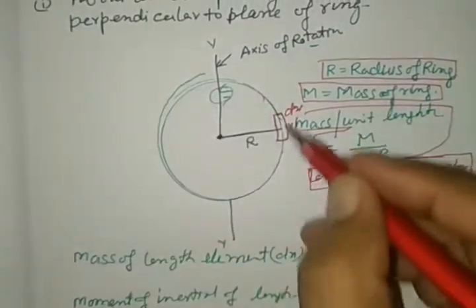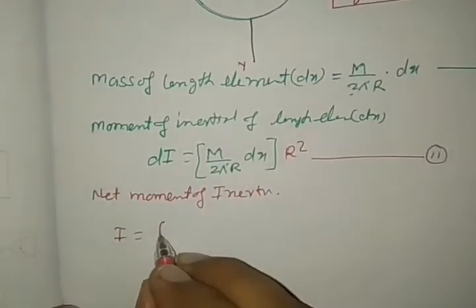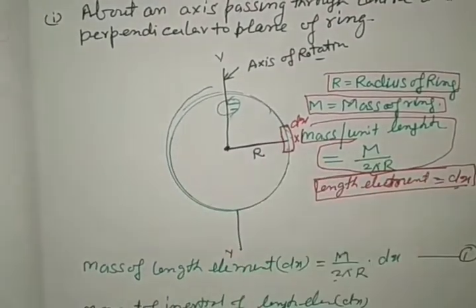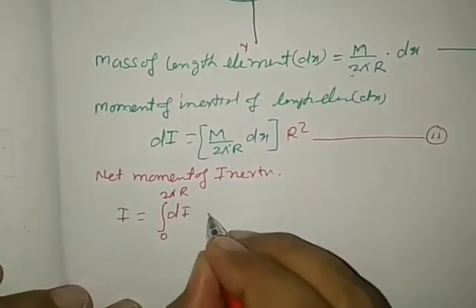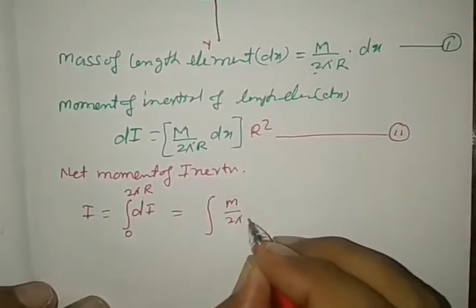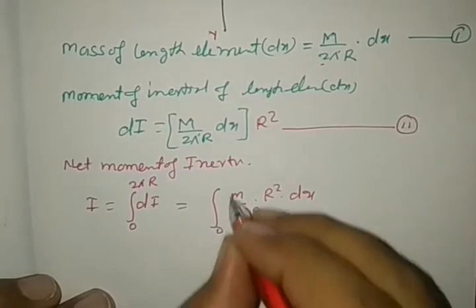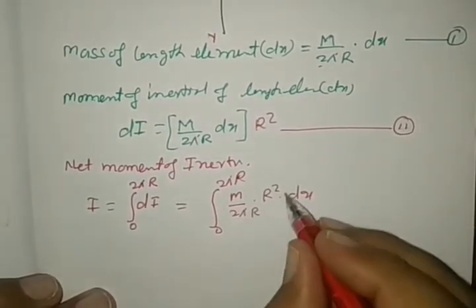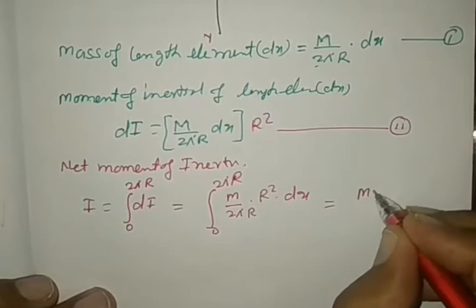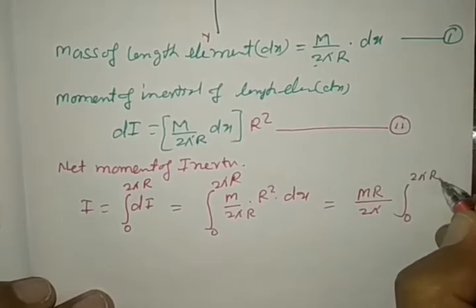We integrate, adding all of these, from 0 to 2 pi R, since the total is the circumference 2 pi R. So I is the integral from 0 to 2 pi R of M upon 2 pi R into R square into dx. The R square is cancelled by R, so it can be written as M R upon 2 pi times the integral from 0 to 2 pi R of dx.